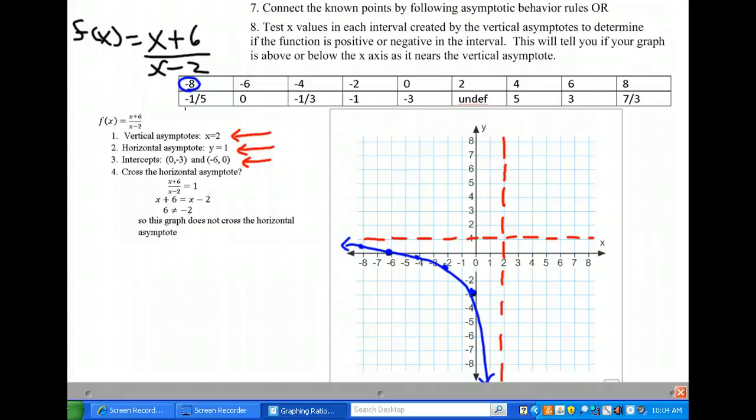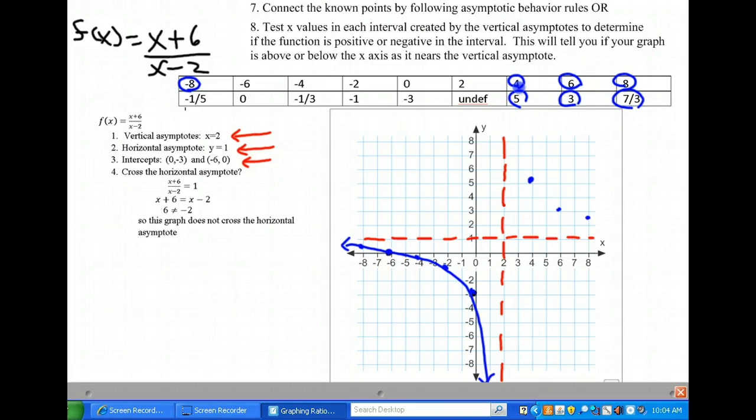So at x equals 4, y equals 5. So x equals 4, 1, 2, 3, 4, 5. At x equals 6, y is equal to 3. So we'll put it there. At x equals 8, y is equal to 7/3 or 2 1/3, which is something like that.